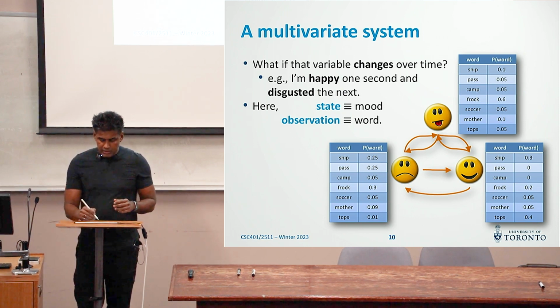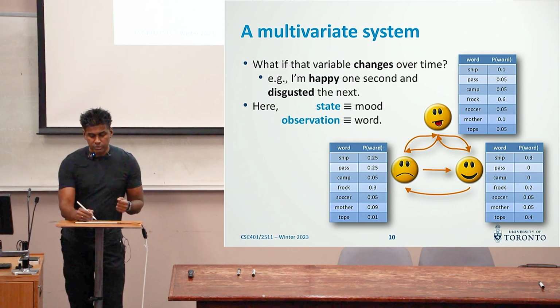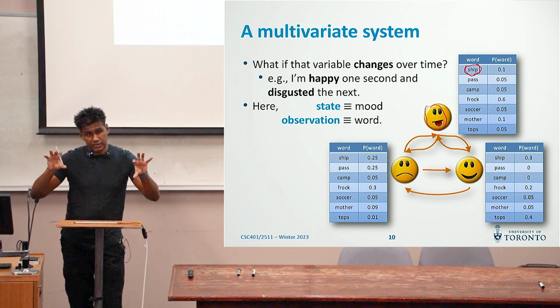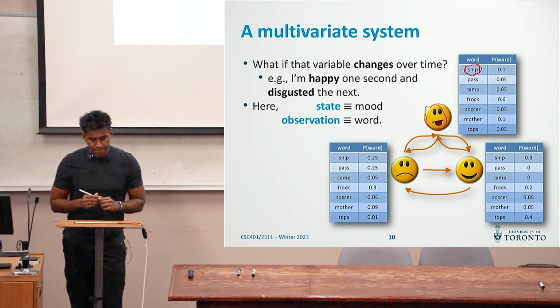This emoji graph shows the transition probability between the 3 different states, and based on that transition, you'll use what we call the emission probability. This is the probability of observing a word token given a state, for example the emission probability of the word ship when we're in the disgusted state. So we have 3 different emission probability tables, one for each state.